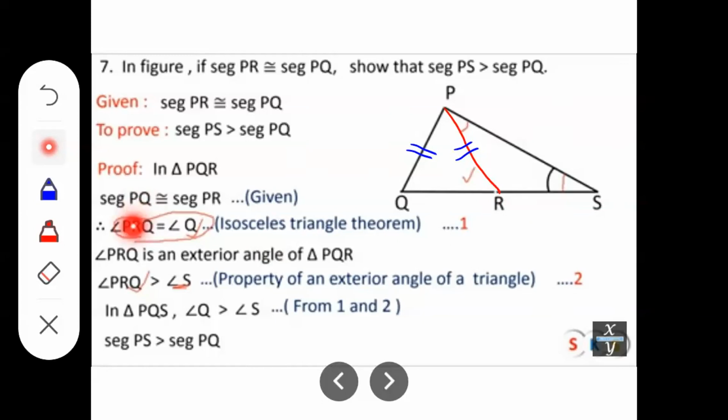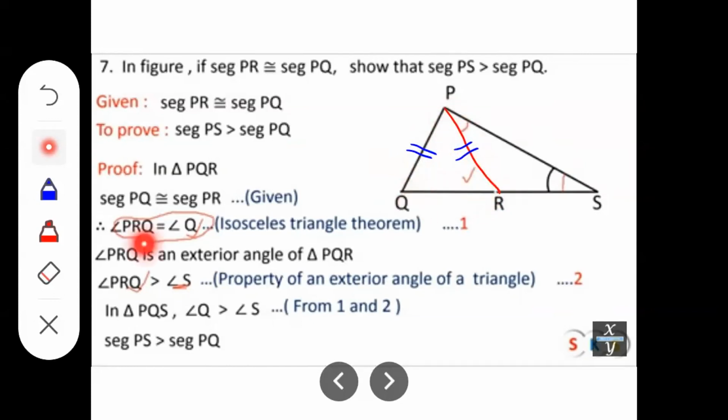So take segment PQ. The angle opposite to this side is angle PRQ. This is the side and the angle opposite to it is this one, the angle R, and the three-letter label is PRQ.